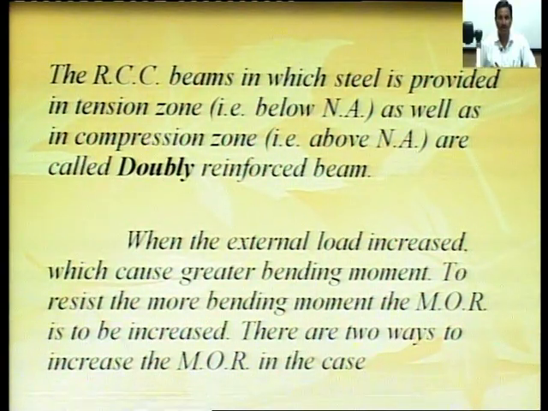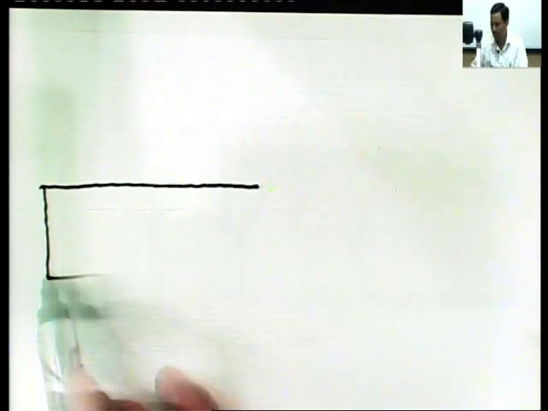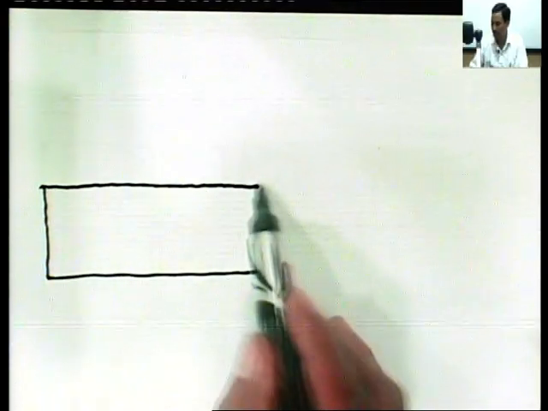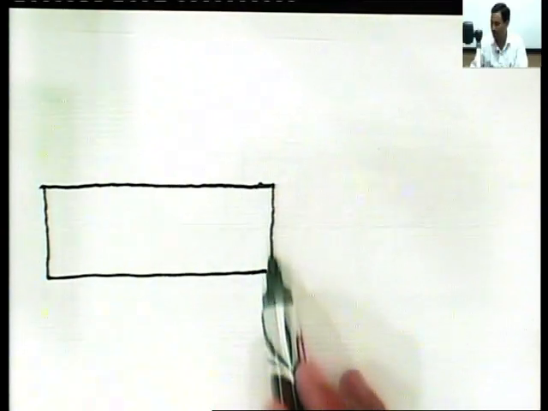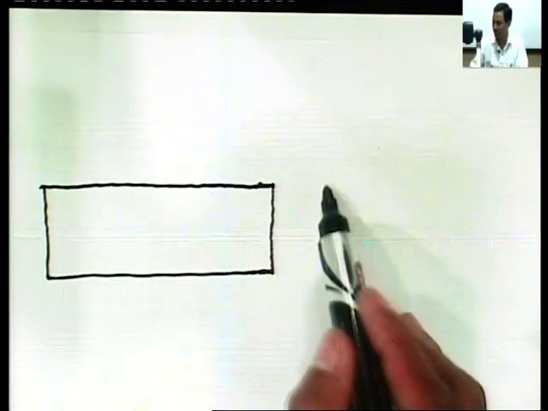Students, let me explain the concept of doubly reinforced beam with the help of a diagram. This is the longitudinal section of the beam and this is the cross section of the beam.